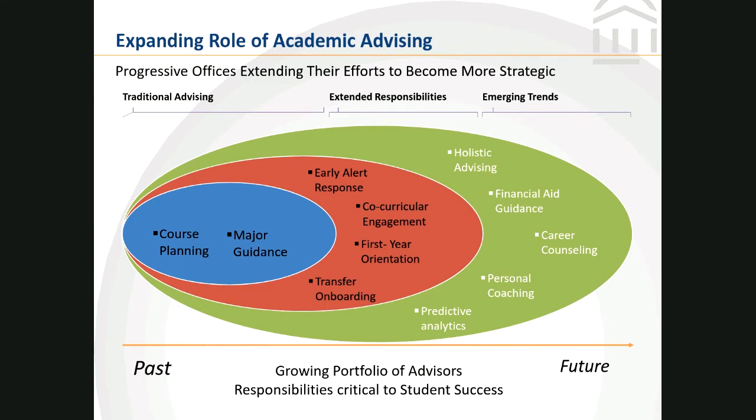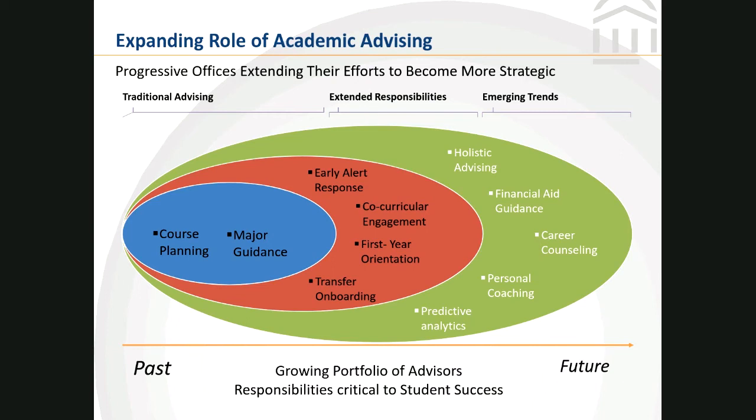If you think about something like co-curricular engagement, that's something where you'd ideally want a faculty mentor to be talking with a student about the types of co-curricular engagements that might really enhance their program of study and their plans for the future.